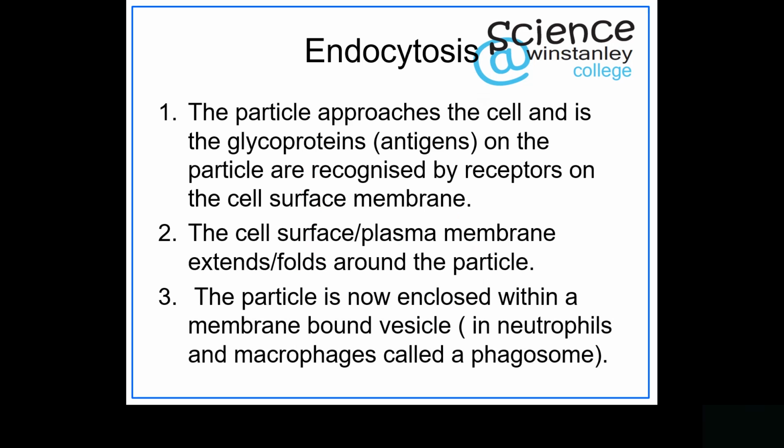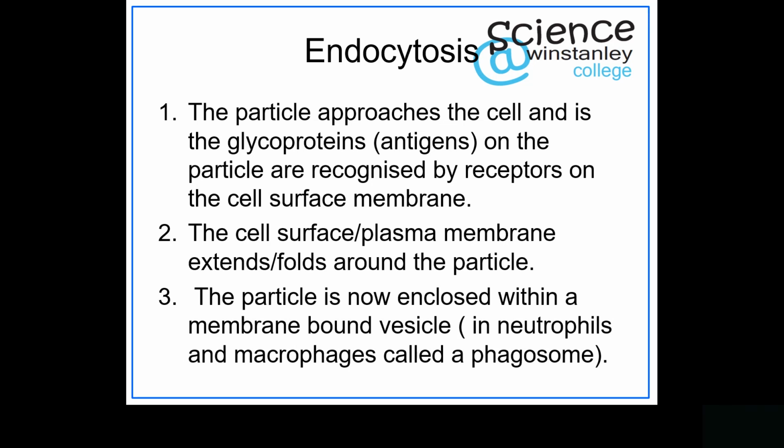So again, in summary, endocytosis is where a particle such as a bacteria approaches the cell. The particle has key little structures on the surface called glycoproteins. Those glycoproteins are detected by the receptors on the cell surface membrane or the plasma membrane.